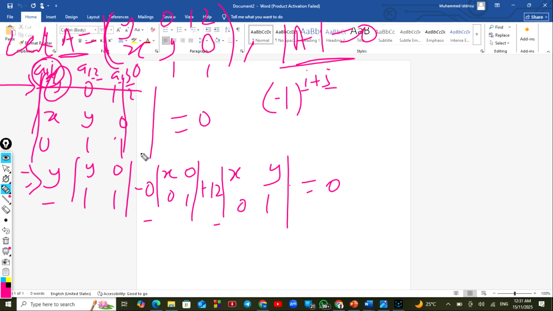You obtain the minor by deleting the row of a11 and the column of a11. So what is left is this portion, which is what?